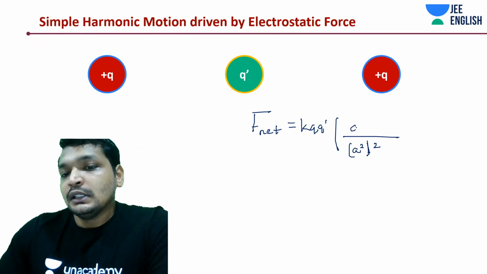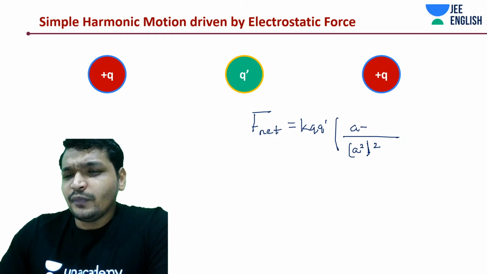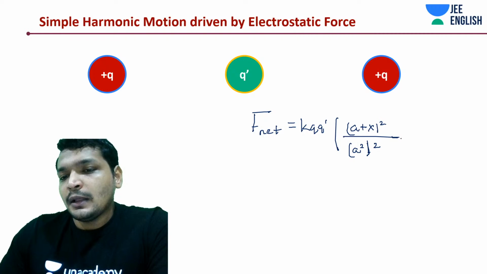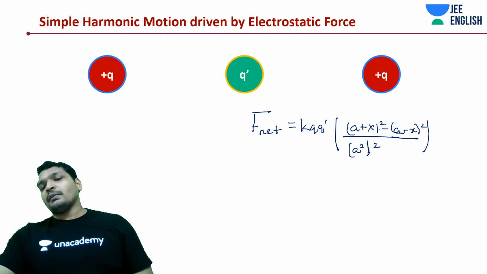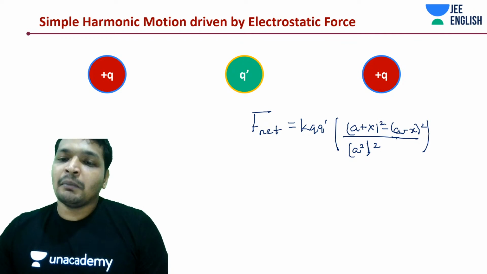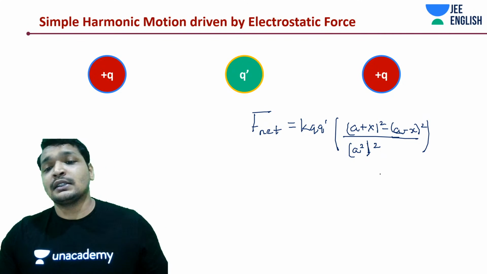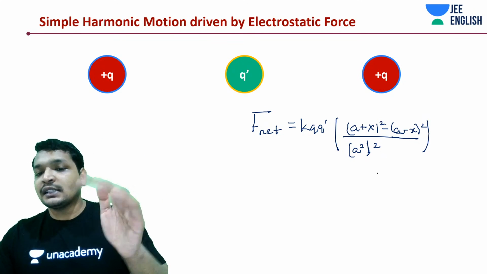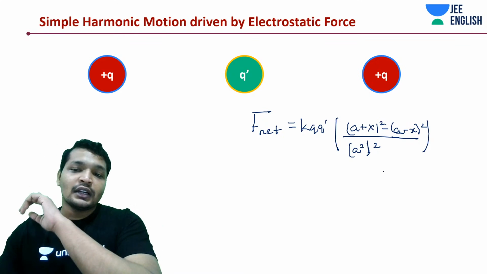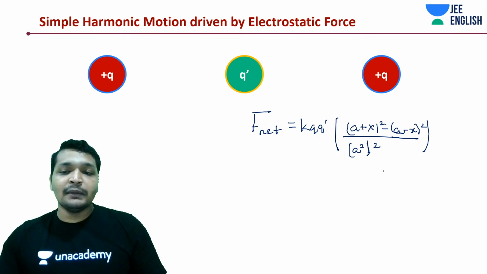And this is (a plus x) whole square minus of (a minus x) whole square, expanded: a square plus x square plus 2ax minus of whole thing of a square plus x square minus 2ax. So a square and x square would get cancelled, there would be 2ax, again there would be another minus of minus 2ax, which will become plus 2ax.